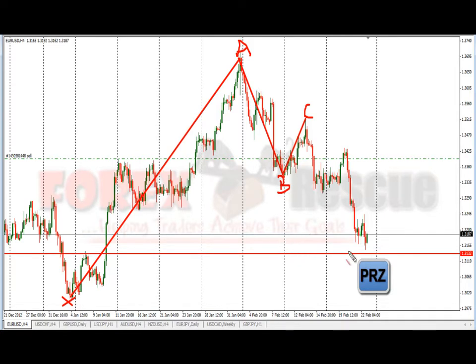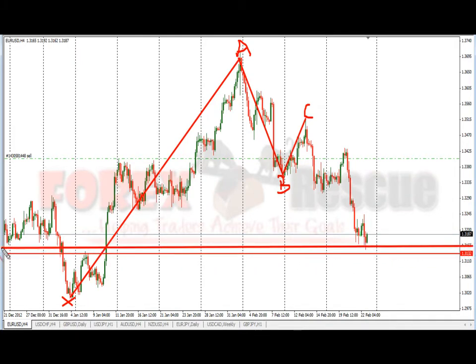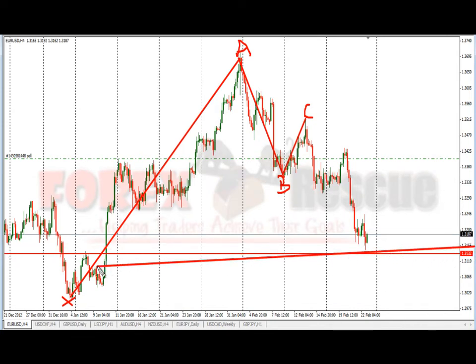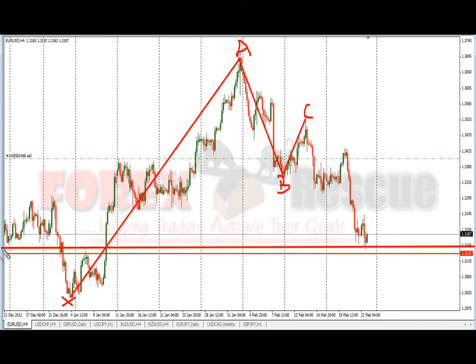Now, let us mark our potential reversal zone. 1.3154 is exactly around here. Then 1.3130 is around here.